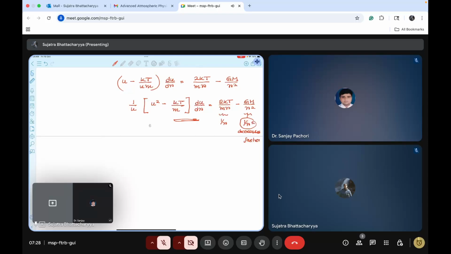At larger distances, this will decrease faster, but this will be slower, so it's making it a positive kind of thing. You can see that U(r) increases as r increases, because the term dominated by GM by r square will be smaller. So this is one of the points.